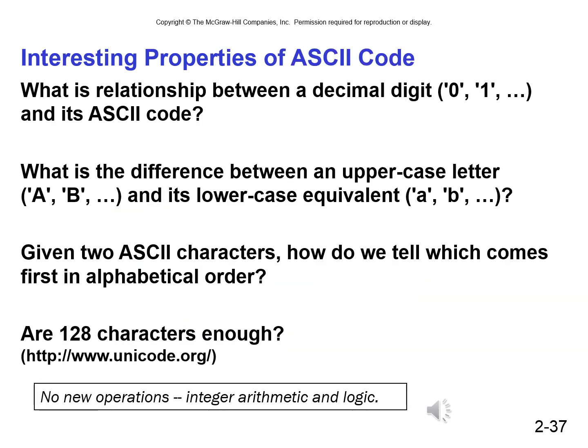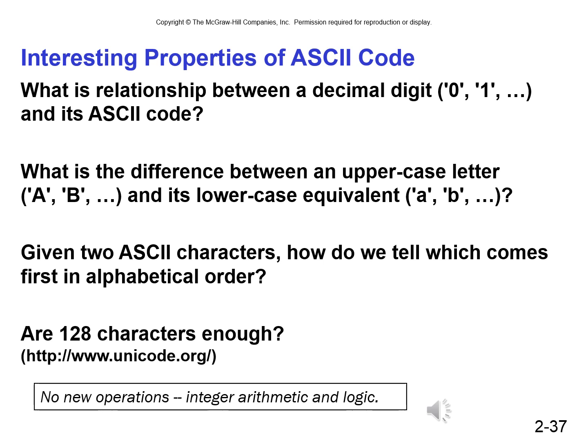Just some interesting properties of ASCII, which I touched upon in our previous slide: the relationship between a decimal digit 0 and its ASCII code. It's hex 30, which is decimal 48. What's the difference between an uppercase letter A and its lowercase equivalent?